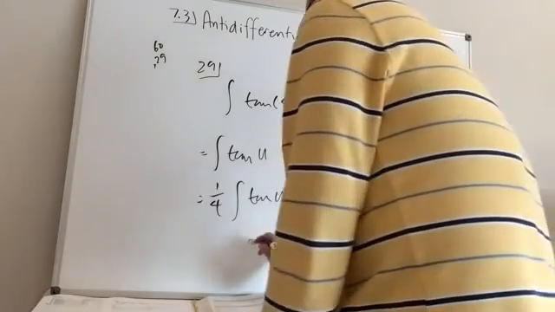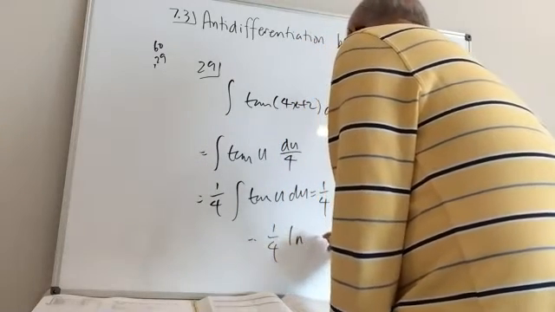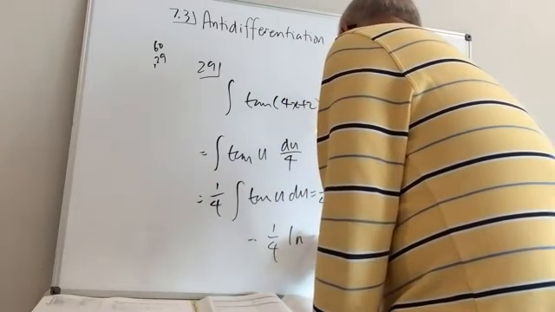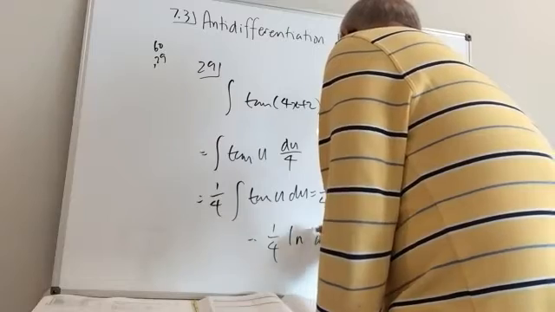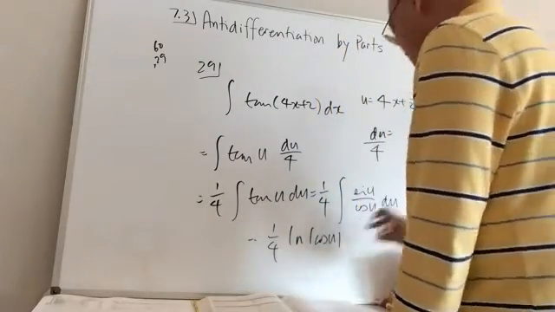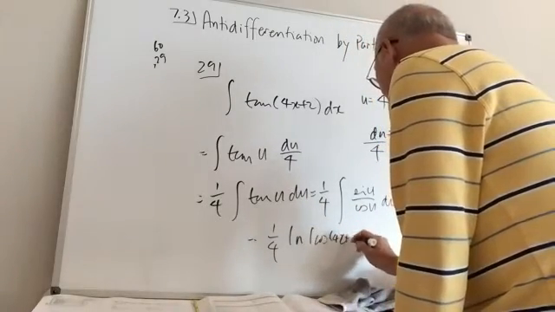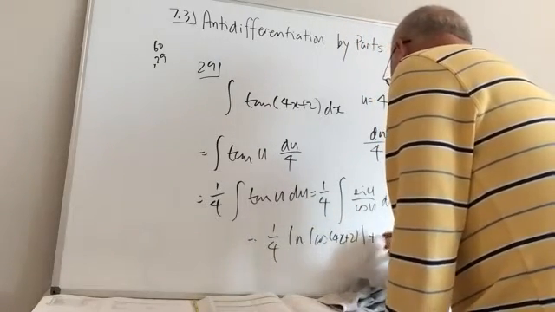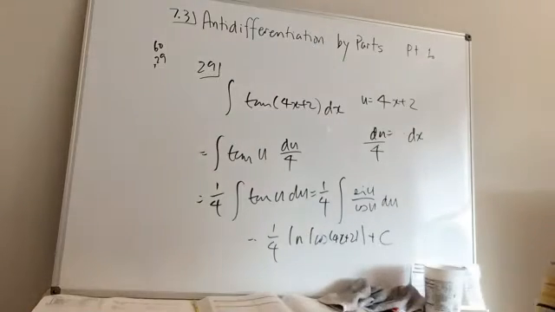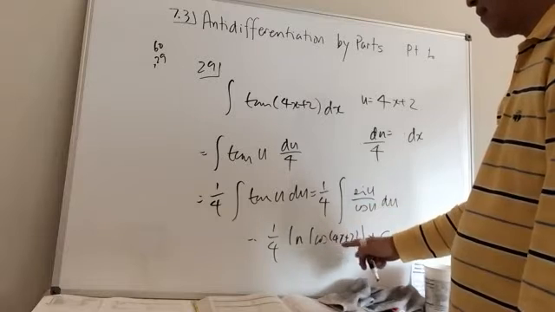So this becomes what? 1/4 natural log of what? Cosine u, which basically becomes, now I can go ahead and put the 4x plus 2 back in. Right? Did you get stuck here? Oh yeah, I got stuck there.